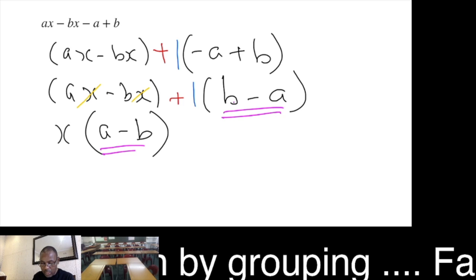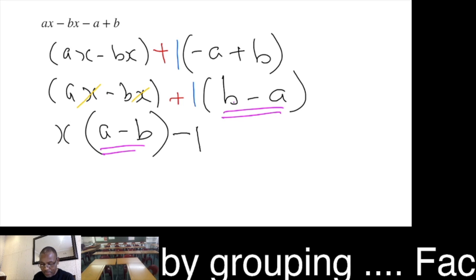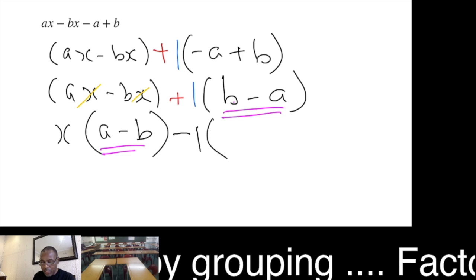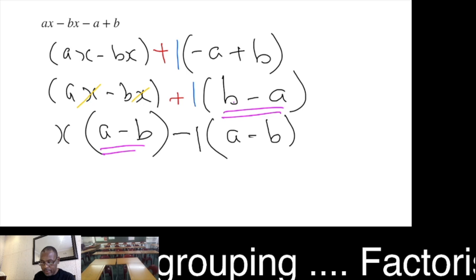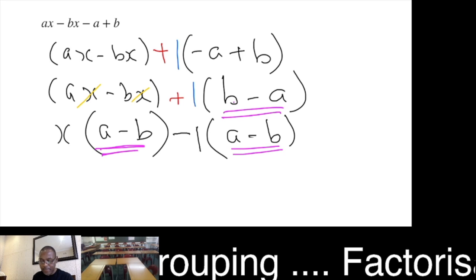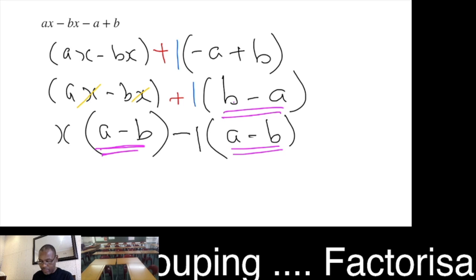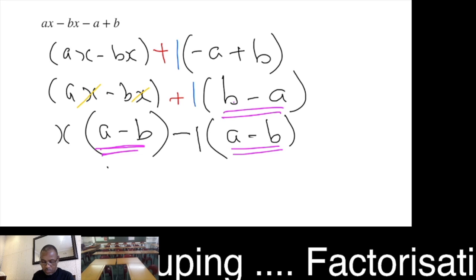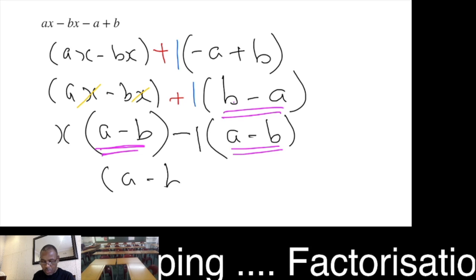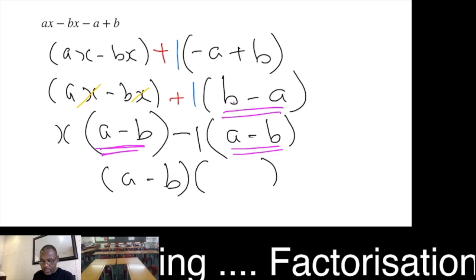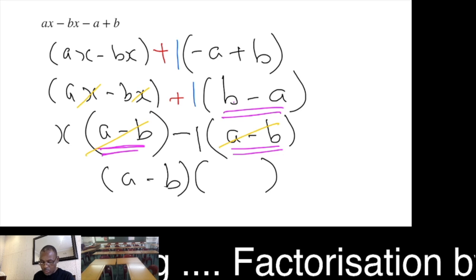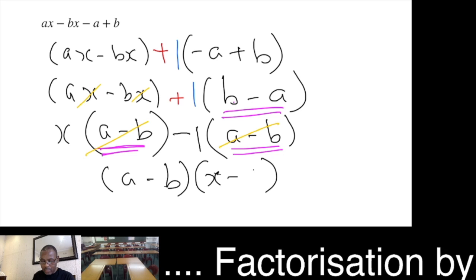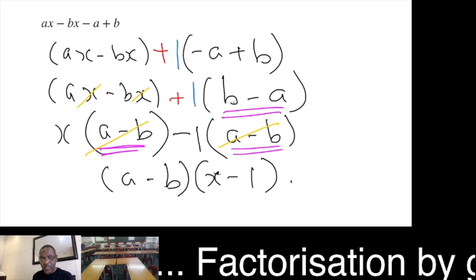So we can change the sign to a minus, then we can swap these terms around because we need this thing to be the same as that. Remember that from the previous lesson. Now we have a minus b, which is common. And in the other brackets, remember a minus b is common. So in the other bracket, we now remain with x minus 1. Okay.